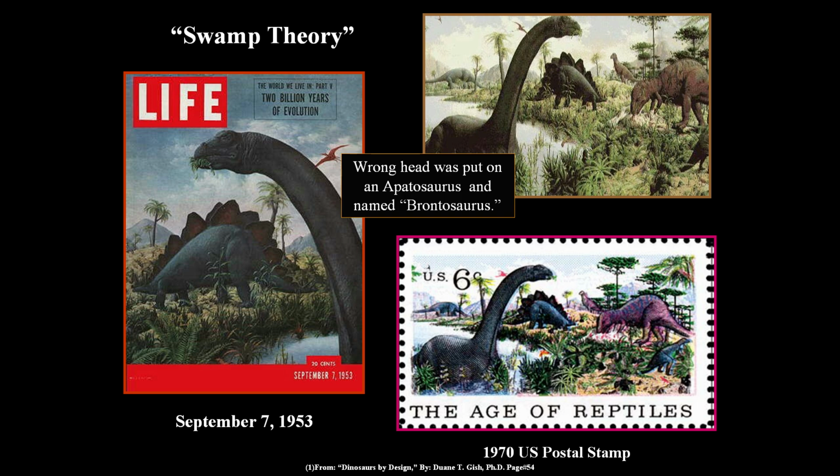One of the theories that they had about the area was that it was a swamp. They call it the swamp theory. Now I haven't been able to find a whole lot about this on the evolution side, and even on the creation side, they do talk about it, but they don't really go in depth on it.